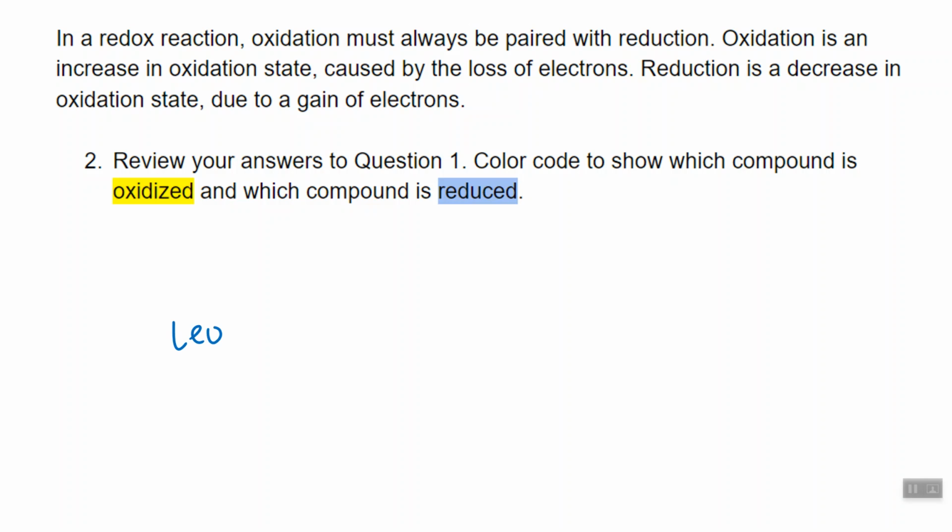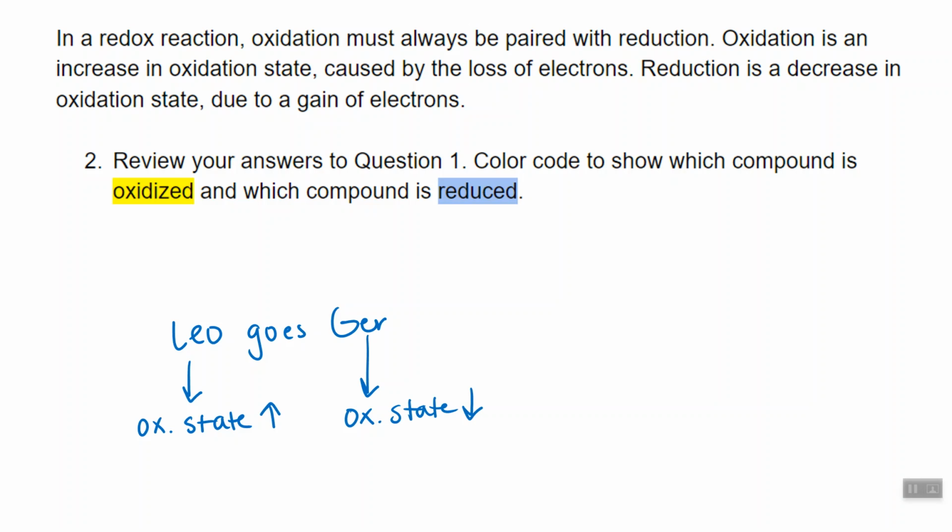One of the things we talked about was LEO goes GER. So lose electrons, oxidized, that means that the oxidation state is going to increase. And whenever we gain electrons, we have reduction. That means that the oxidation state decreases.